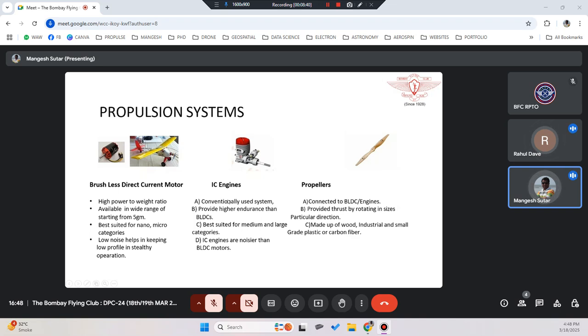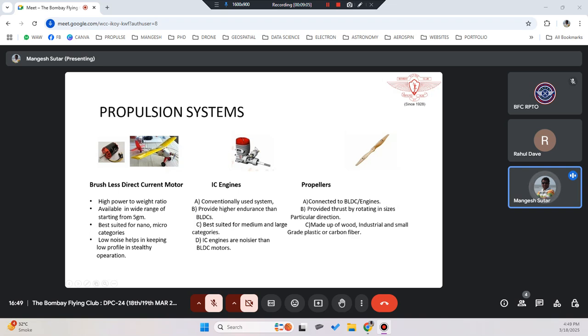You will only hear the noise of the propeller, and that propeller noise will always be there, whether you use BLDC or an IC engine.